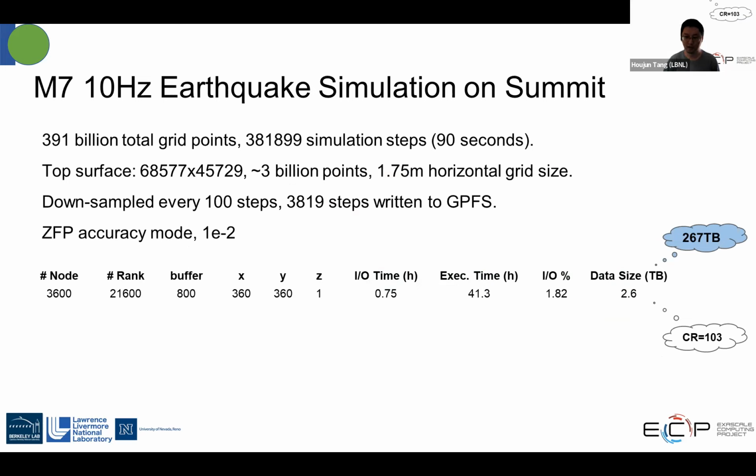Here, because we are doing a higher 10 Hertz frequency, we chose the ZFP compression accuracy mode to be e to the -2, and we get a compression ratio of 103. The output size is totally manageable compared with the uncompressed size.